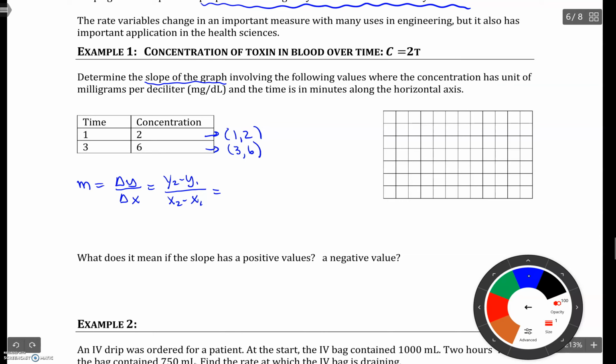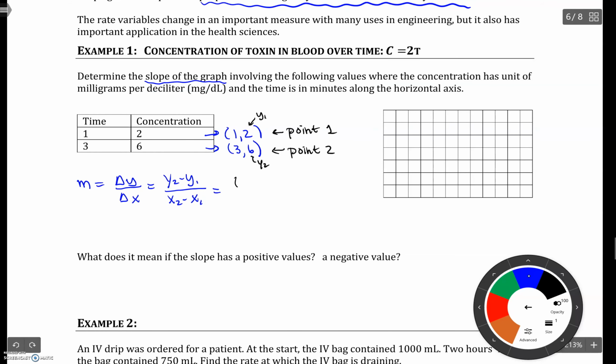Up above, we'll consider the first data set, point 1, and the second data information, point 2. So my y2 is going to be the y value from point 2. My y1 is the y value from point 1.